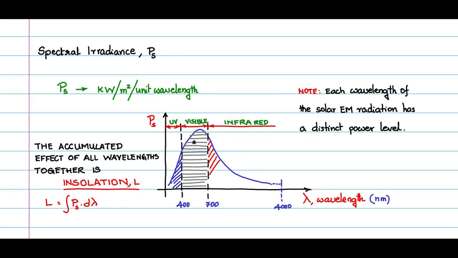Likewise, the accumulated effect of all the wavelengths in these parts of the spectrum would give you the infrared insolation. The accumulated effect of all these put together is what we call insolation, given by this L, which is integral of Ps d lambda.